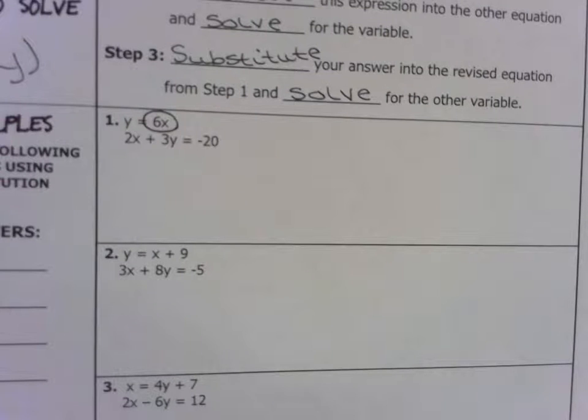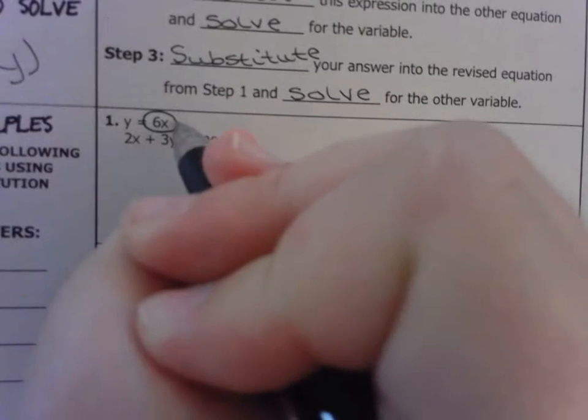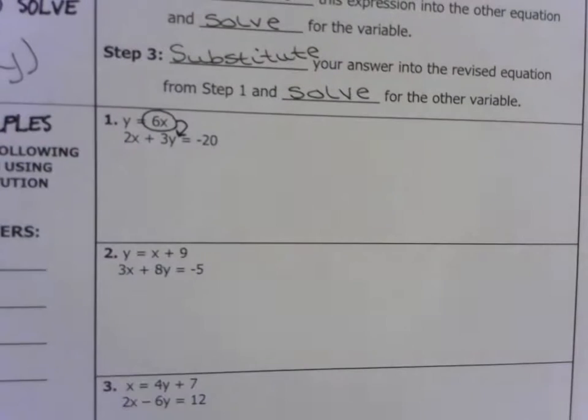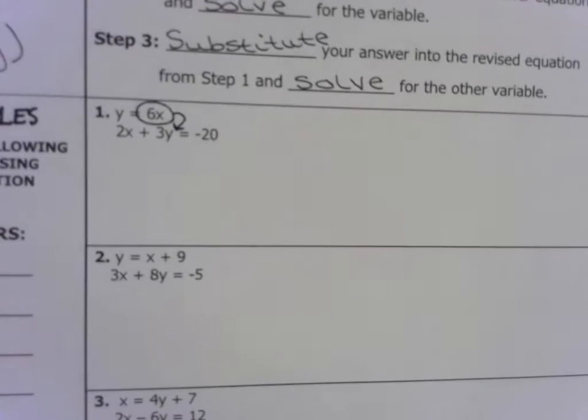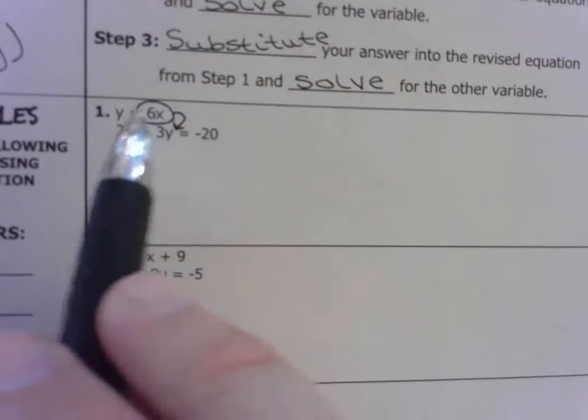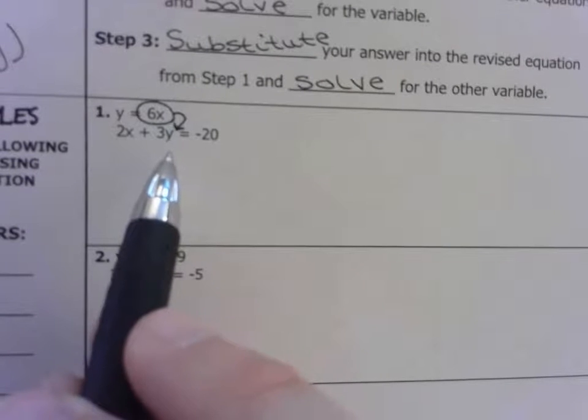Your second step is to take that 6x and substitute it in or plug it in for the y in the other equation. That is why your first step is to have an x equals or y equals, so then you know what to plug it in for. 6x is the same thing as y, so step 2, I take 6x and plug it in where y is in the other equation.